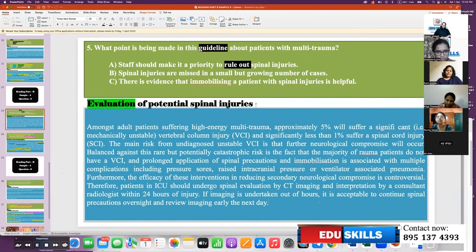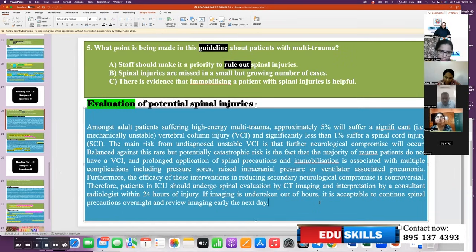Balanced against this rare but potentially catastrophic risk is the fact that the majority of trauma patients do not have such an injury, and prolonged application of spinal precautions and immobilization is associated with multiple complications including pressure sores, raised intracranial pressure or ventilator-associated pneumonia. Furthermore, the efficacy of these interventions in reducing secondary neurological compromise is controversial.